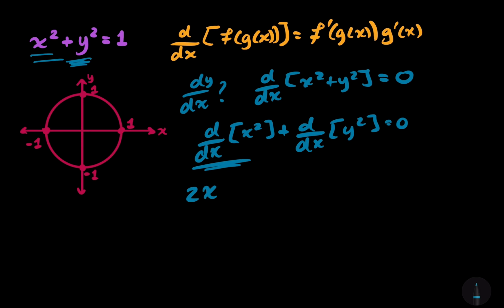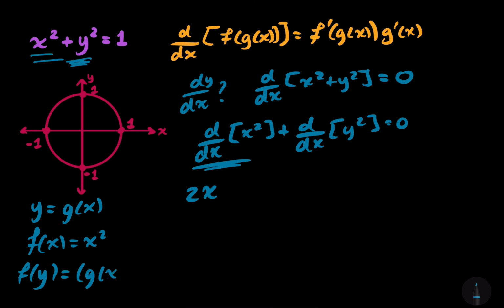And then here we have the derivative with respect to x of y squared. It may be helpful to write y as some function. We can say that y equals g of x, because why not? And let's suppose that f of x equals x squared. Then f of y would just be equal to g of x squared. We know how to take care of this derivative: we just need to use the chain rule.